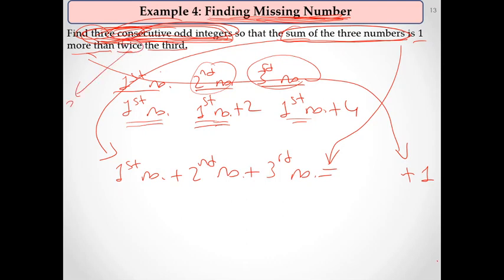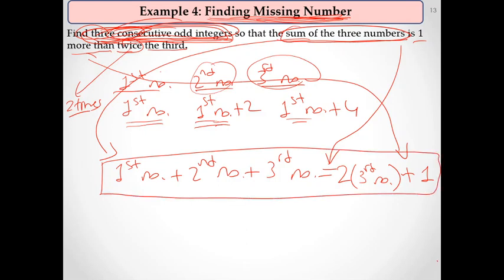Twice means two times, so it says two times the third number. The sum of the three numbers has this property. That's given, and we know what is given. We did some scratch work, and now it's better to go to mathematics.